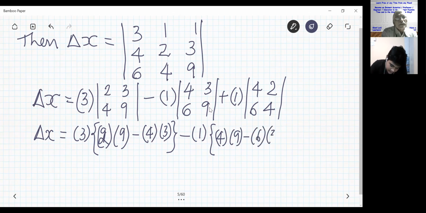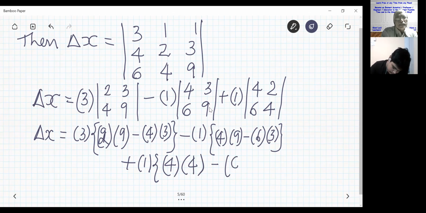Then again plus 1 into 4 into 4 minus 6 into 2. Then simplify one step at a time and write.